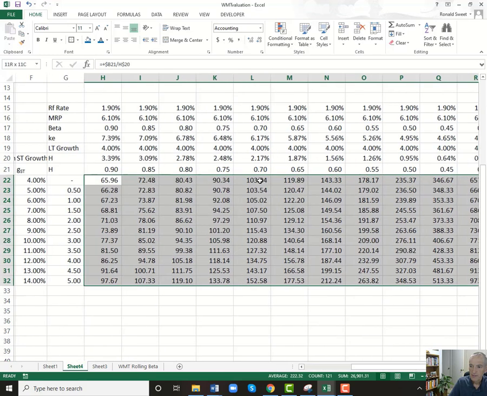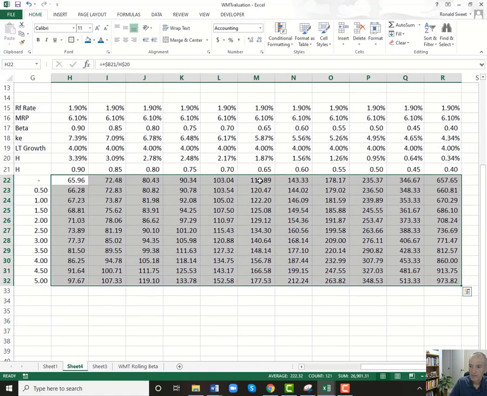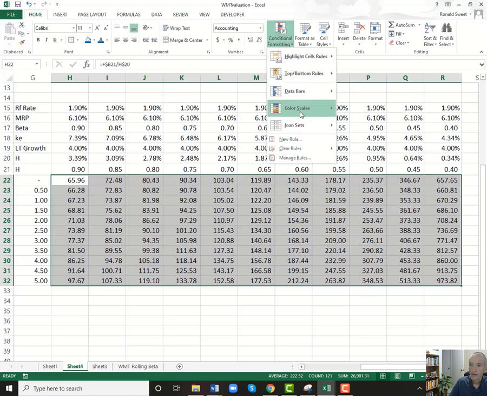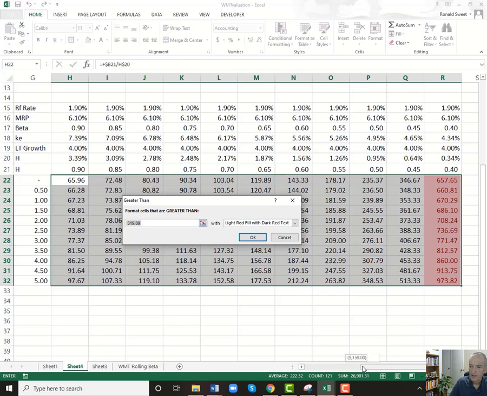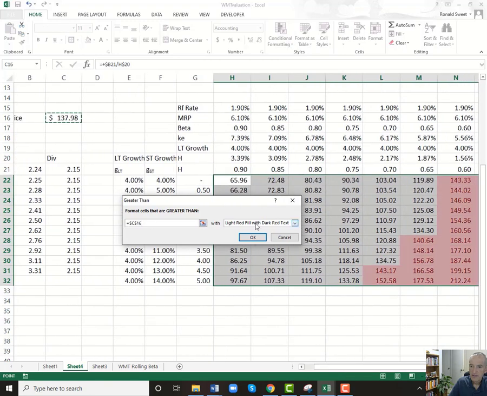And so I can do the same thing here with the conditional formatting. Here, because I'm only using the 4% short-term and long-term growth, I don't have any negative numbers. So I can again do conditional formatting. If it's greater than my current price, then I want it green.